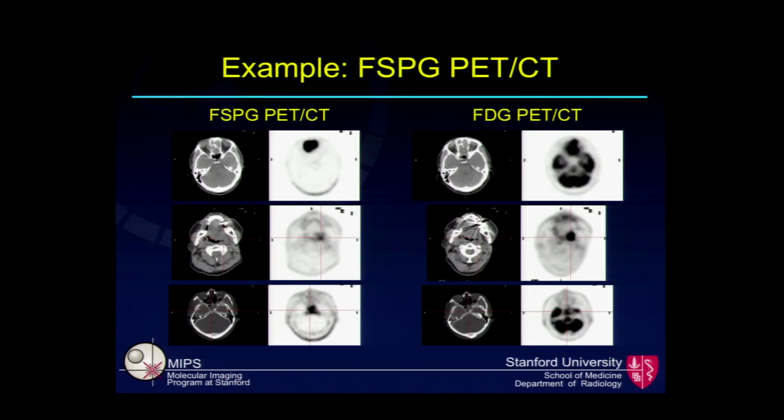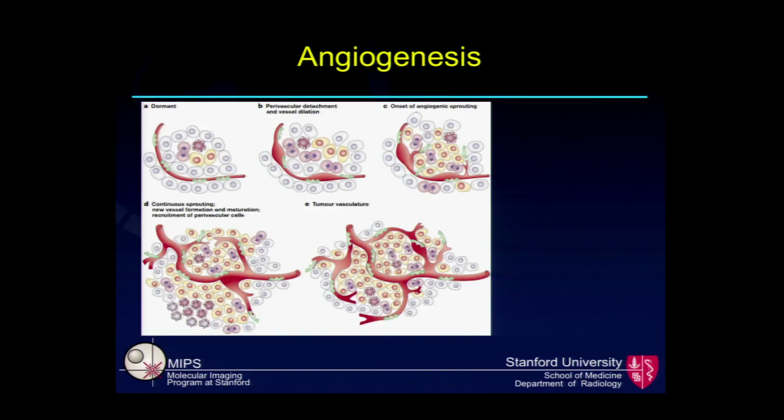And then lastly, another tracer that one of my colleagues is working on is a tracer not for glutamate, but for angiogenesis. Angiogenesis is the development of new blood vessels into tissue, and cancer cells are heavily dependent on this because as they are growing, they need the blood supply to bring in oxygen and so forth.